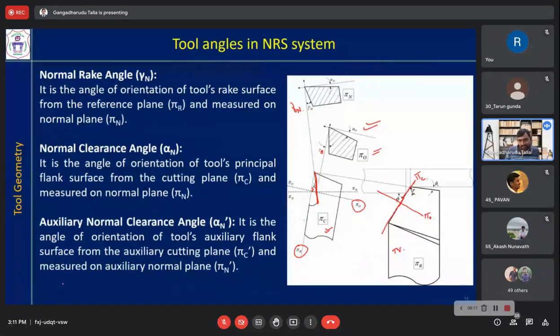If you have any doubt, please ask me. And if you carefully observe the features, this is lambda, there is a difference of lambda here. So same lambda will come here. The angle between pi n and pi o is lambda, the inclination angle.